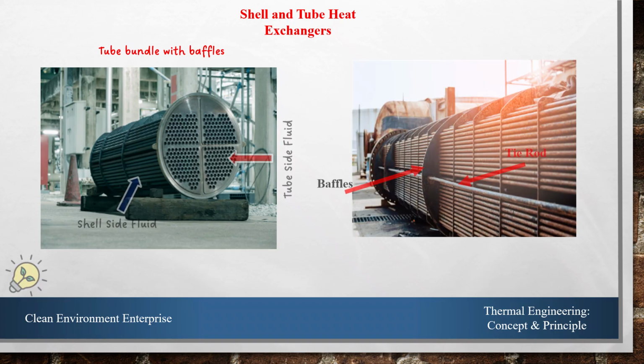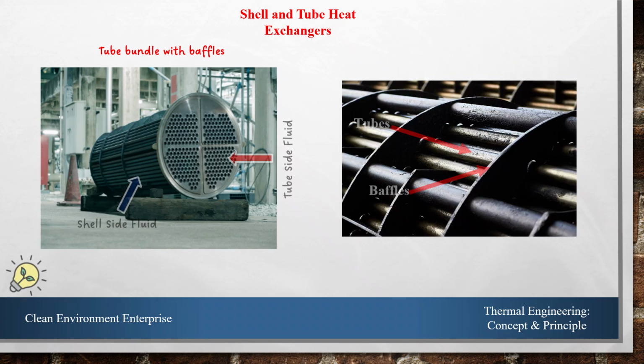So in this photo, we may see a bundle of tubes, and they are supported by baffles. These baffles are structure material made of a metal that can hold these tubes together inside the heat exchanger. And it could be clear in this photo.